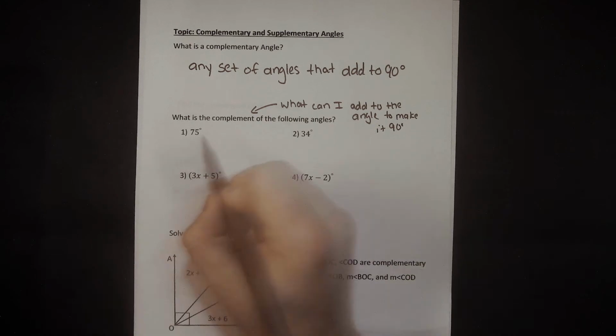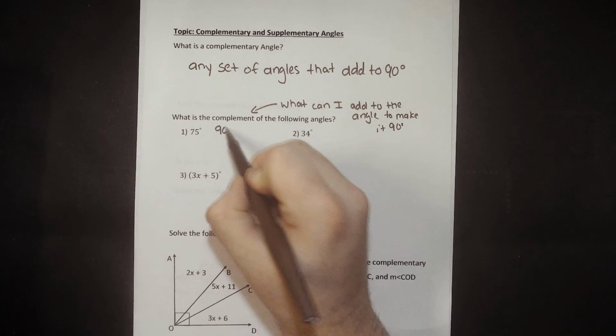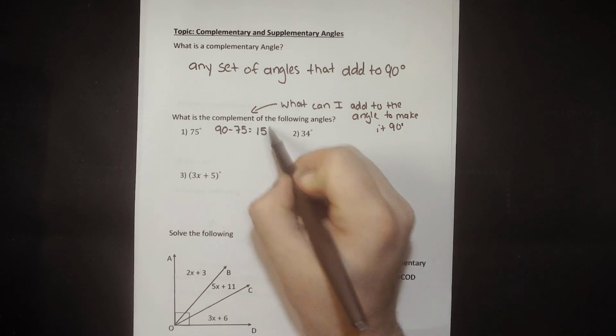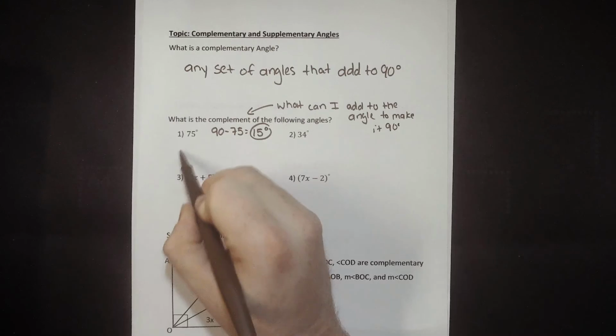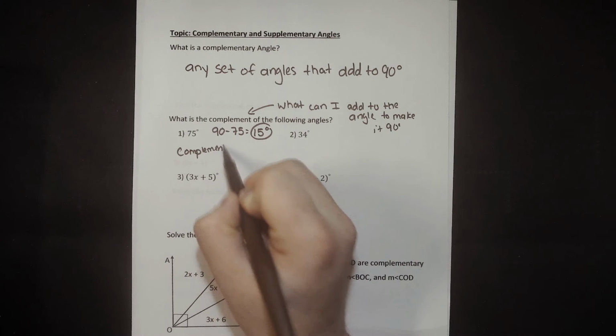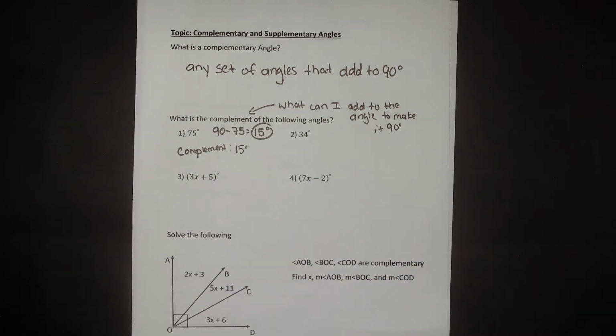The answer here, so for number 1, would be 15 because 90 minus 75 equals 15 degrees. So the complement of 75 is 15 degrees.